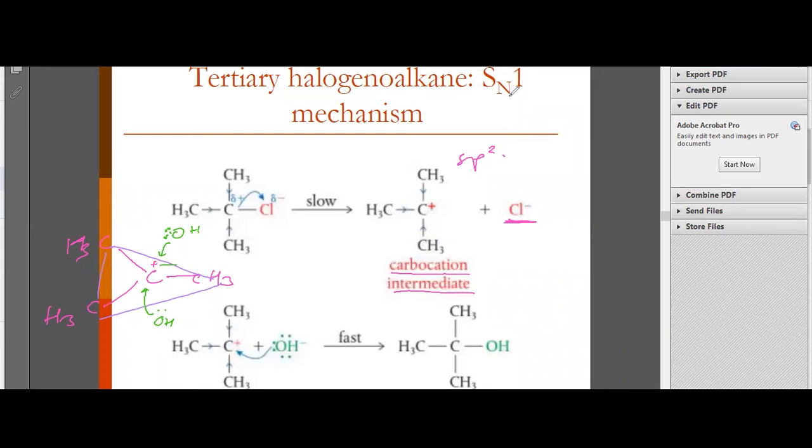So if the nucleophile attacks this carbocation, it will form the product. 50% of the product comes from OH minus attacking from the above position, and 50% from the below position. So we call this a racemic mixture, not inversion, but racemic mixture.